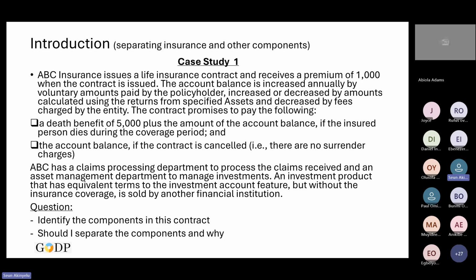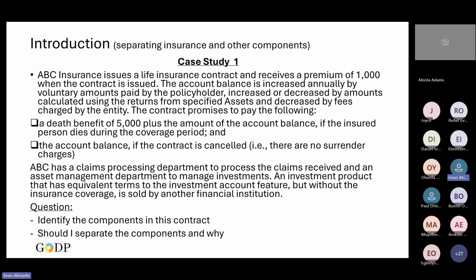The contract promises to pay a death benefit of 5,000 plus the amount of the account balance if the insured person dies during the coverage period. They will collect the account balance if the contract is cancelled.